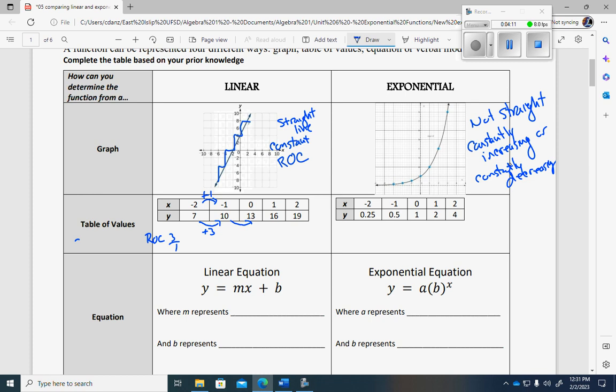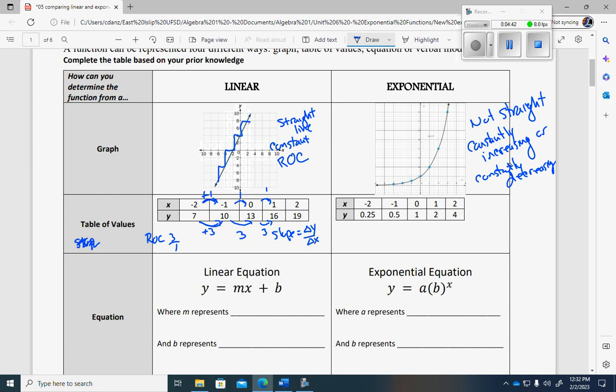Because remember that slope is equal to the change in y over change in x, right? It's y2 minus y1 over x2 minus x1. So we should look at both how the y is changing and how the x is changing. And if it's constant, then it's linear. So this rate of change is constantly 3 over 1.